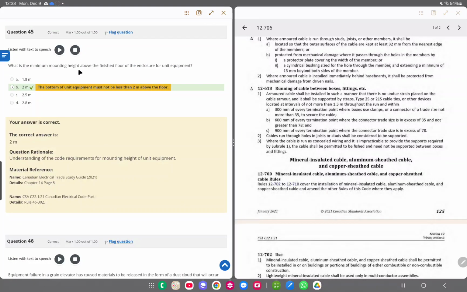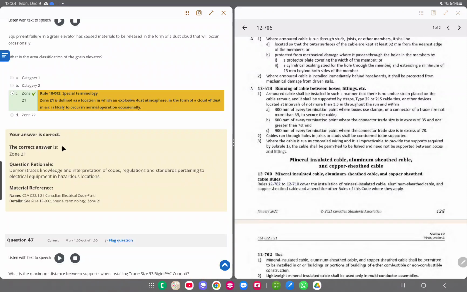What is the minimum mounting height above finished floor of the enclosure? It's 2 meters. Unit equipment is emergency equipment. This is found in section 46-302. What is the area classification of a grain elevator? This is zone 21.